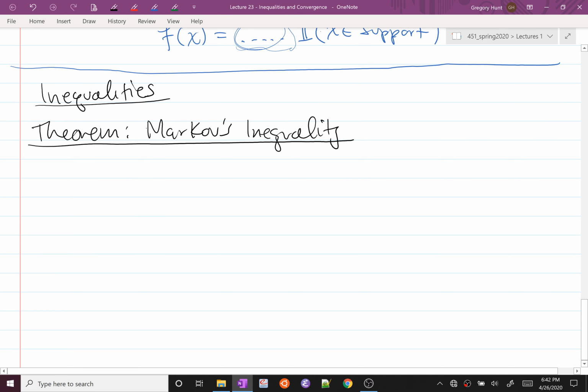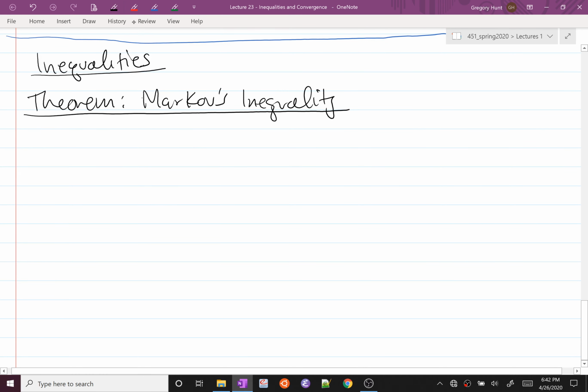Okay. So Markov's inequality says if I have some random variable X, and X is a positive random variable, this means that the support is some positive set of the real line. And we're going to denote it like that. So it's a positive random variable.